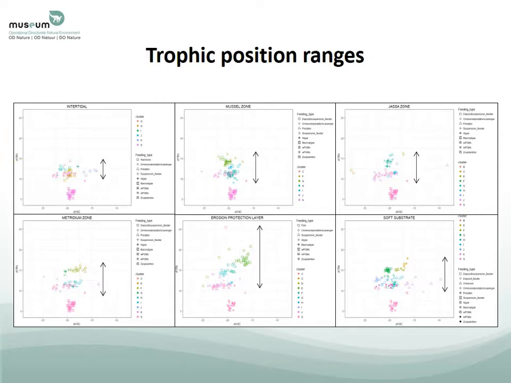What we see is that in the intertidal zone we have the smallest range, whereas in the erosion protection layer we have the largest range, indicating that mobility might play an important role, since in the intertidal zone we mainly find sessile organisms, whereas in the erosion protection layer we find both sessile and foraging species.